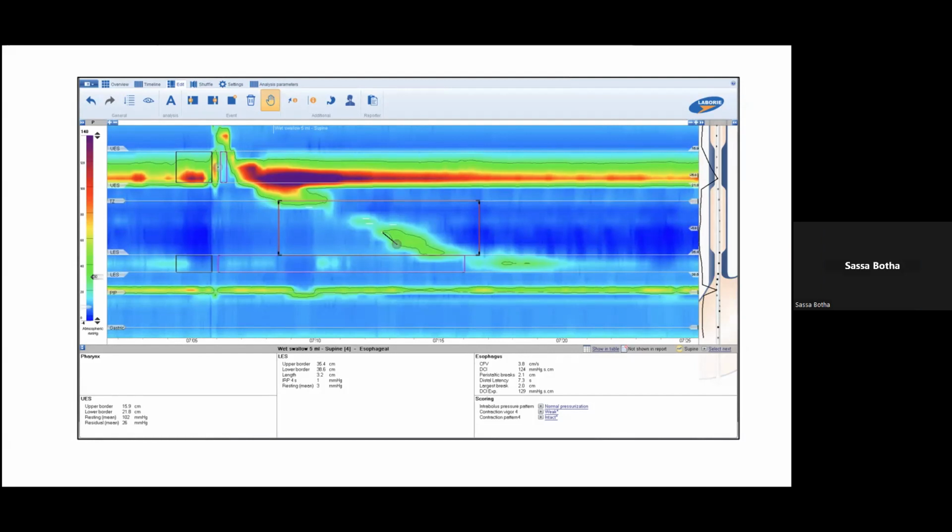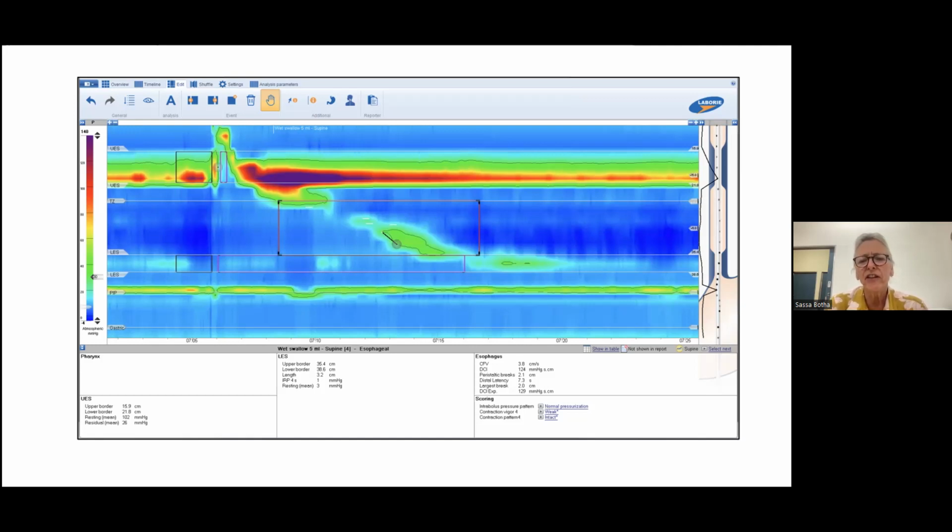Okay, or the other word? Absent. No, it's not absent. Absent is below 100. So in between, it's a weak contraction that implies ineffective motility. Okay, and above 450 is normal.